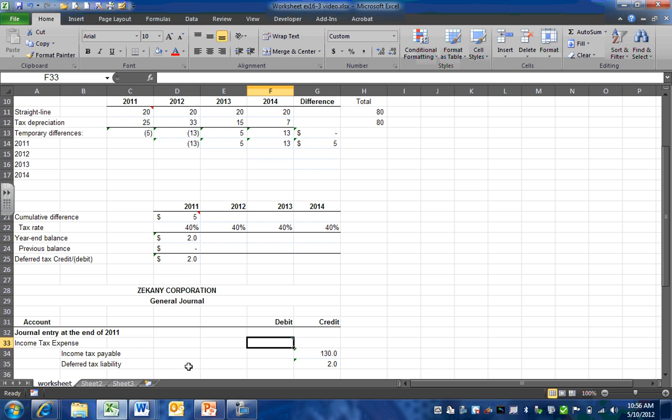So our income tax expense for 2011 is going to be our current payable plus our deferred tax liability.